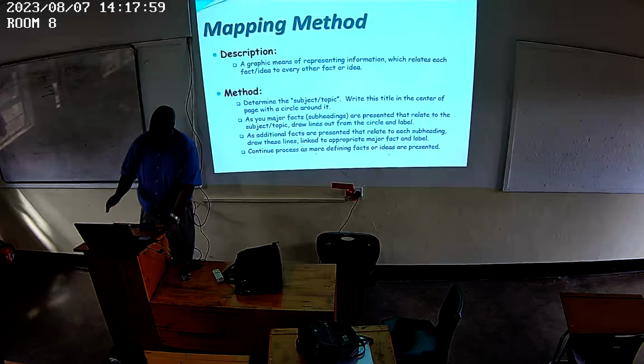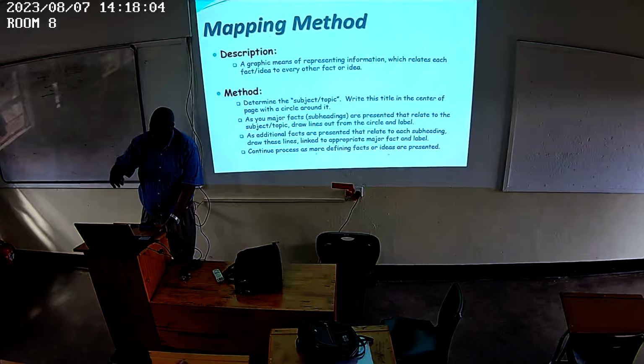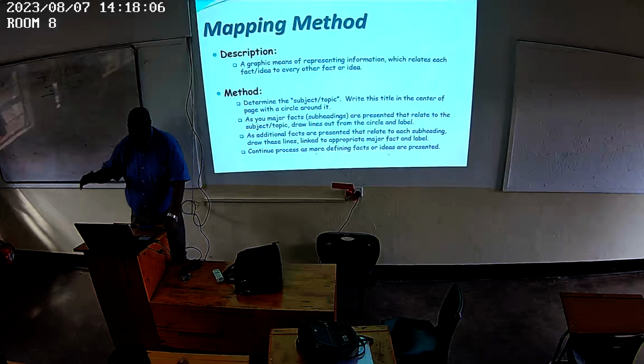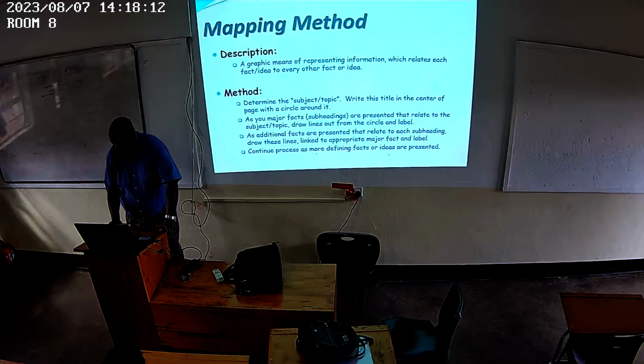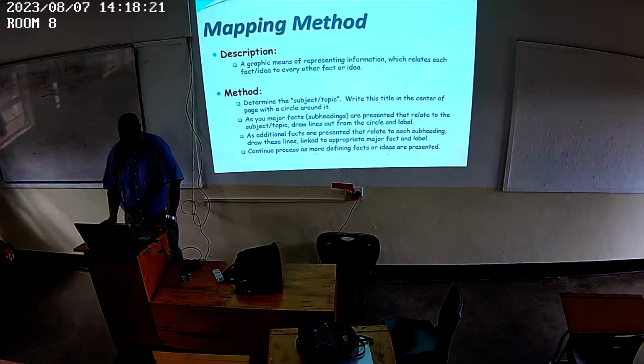So you have the main one, subheadings, and then further subheadings, and so on. As ideas are presented and as they come, you try to come up with a map.